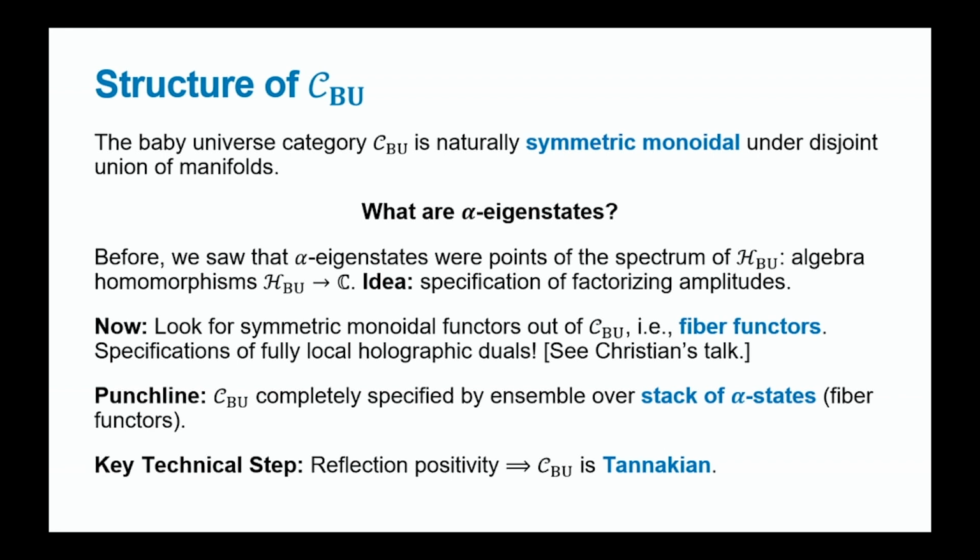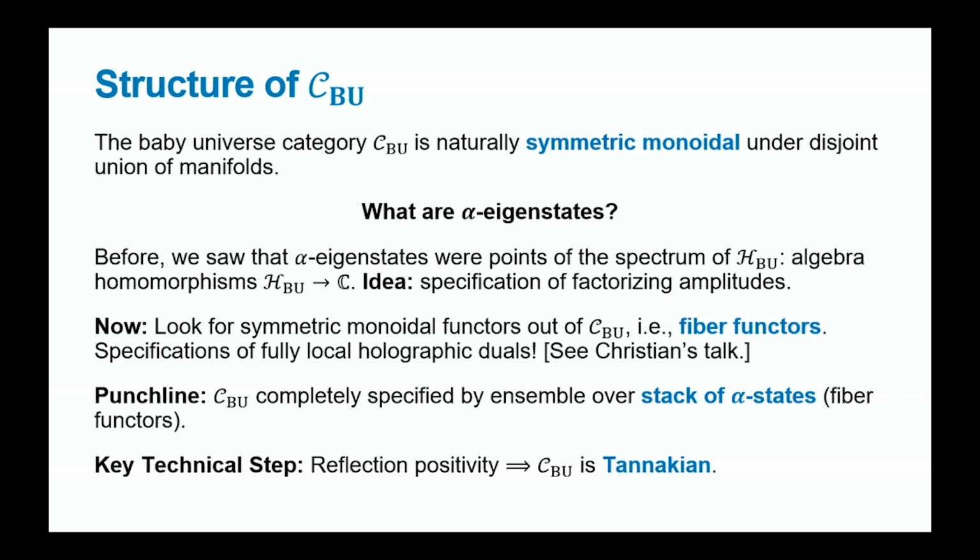So here, what I should look for is symmetric monoidal functors out of this baby universe category. This is what's known as a fiber functor. And each such symmetric monoidal functor is a specification of a fully local holographic dual. So I'll compare to Christian's talk yesterday.